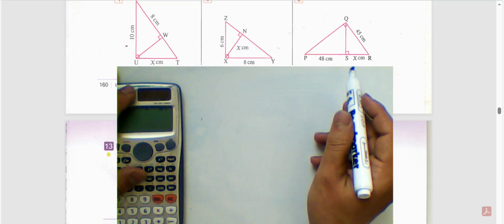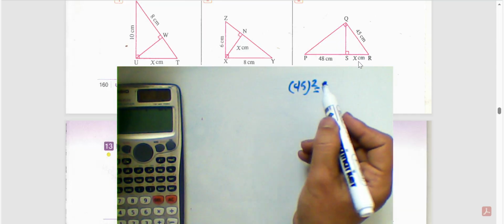Now we can find the length of x here also by writing 45 power 2. Look here, 45 power 2 equals x product by the sum of x and 48.